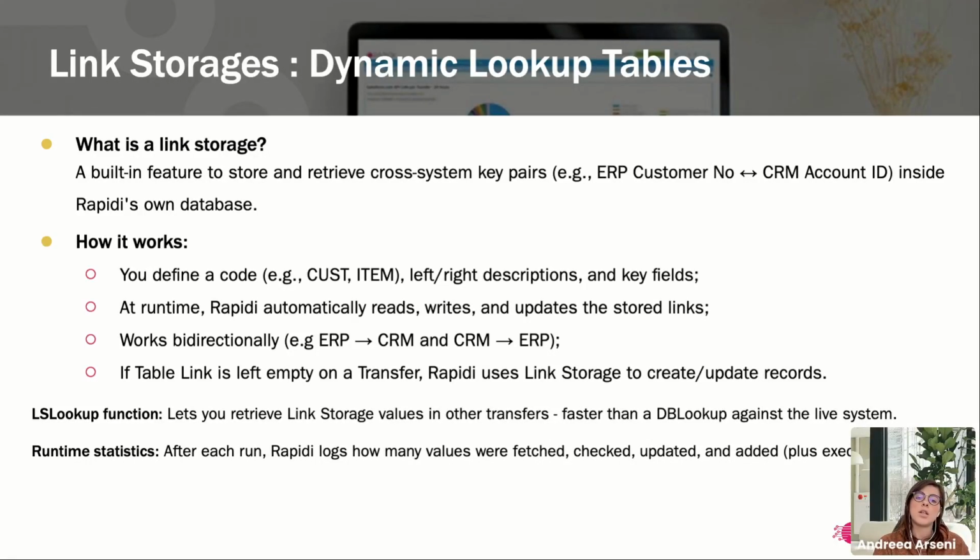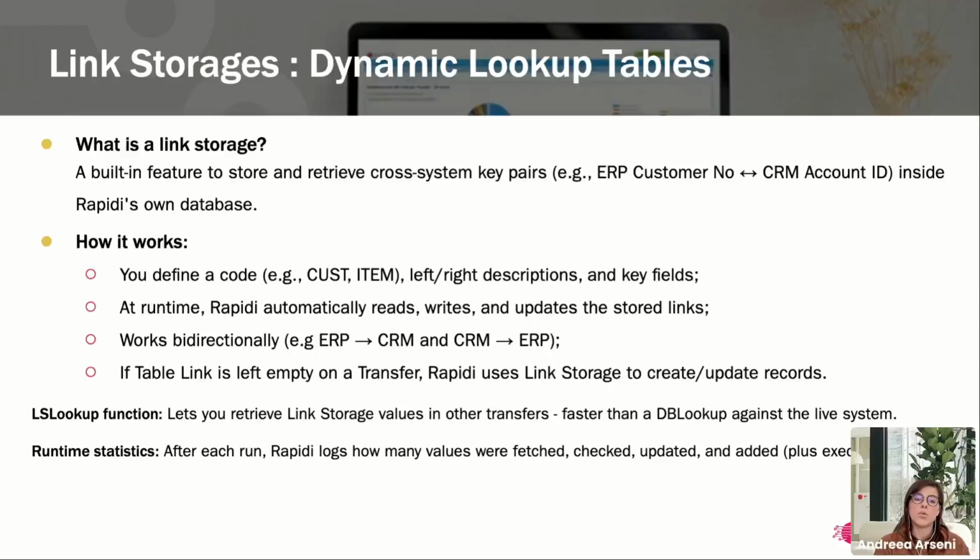The idea is that the link storages can be used in multiple ways. The most common one is at runtime. So when the transfer runs, the link storage will be updated with those specific primary keys that you have defined. This is the most common use case, I would say. And of course, it works in both directions. So it doesn't really matter which system you're using.